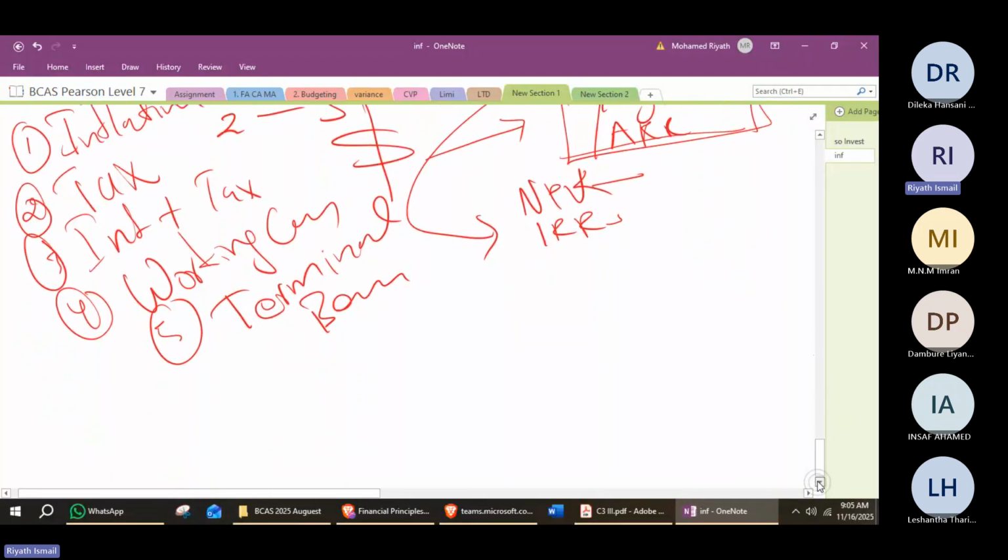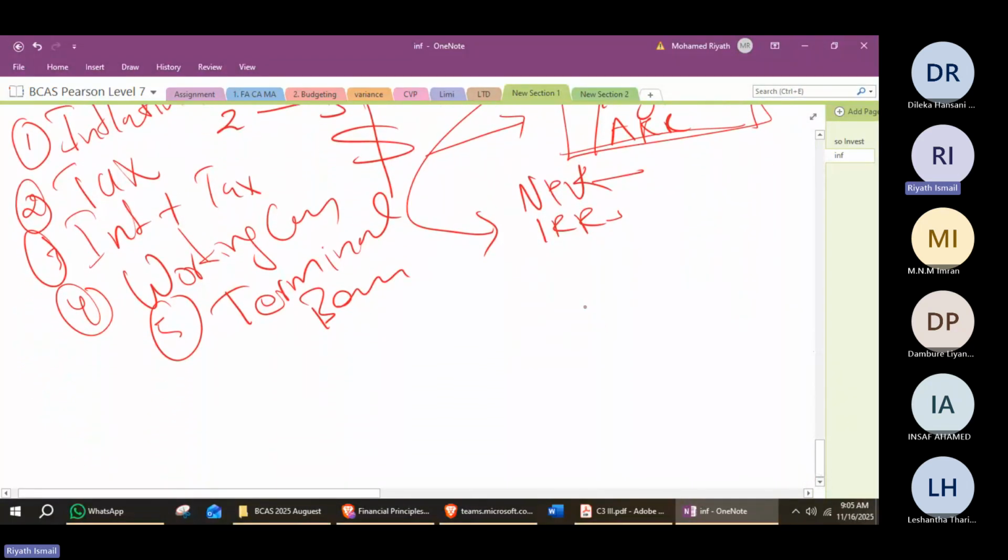Anyhow, sensitivity analysis means we forecast about the future, right? We are going to start a project here, but we are here now, right?